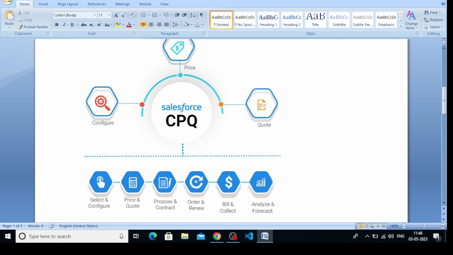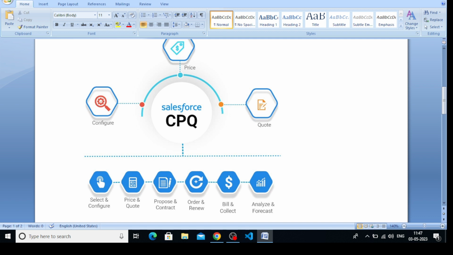In this way, Salesforce also provides us a product catalog. We store those product catalogs in the product object. So as I said earlier, we have many types of products available in the market. For all the products, to configure those products, we have different fields supported for that.